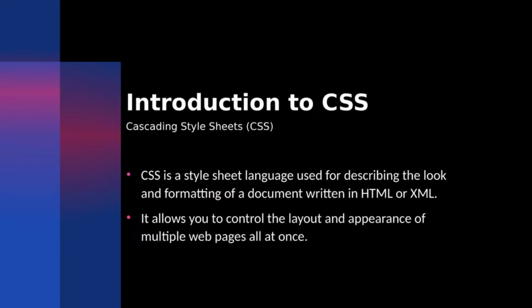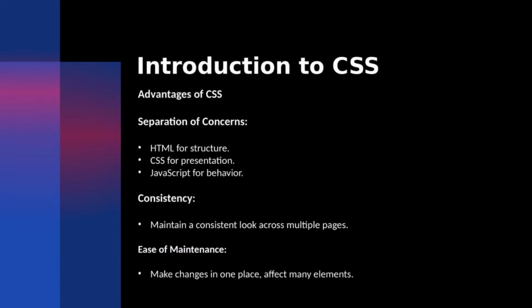CSS is the language used to style websites. Basically, it allows you to control the layout of your website and the entire appearance of your website page, or multiple pages at once.